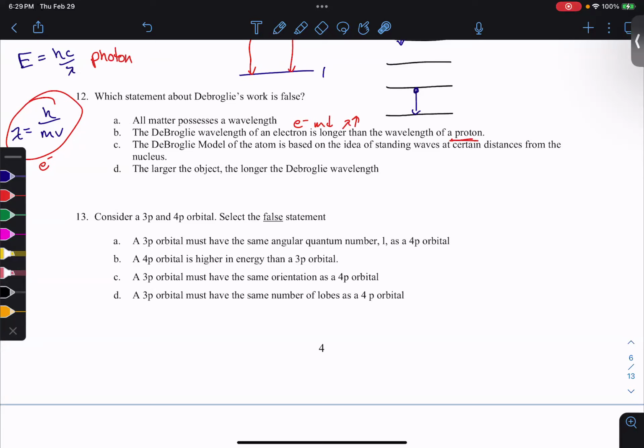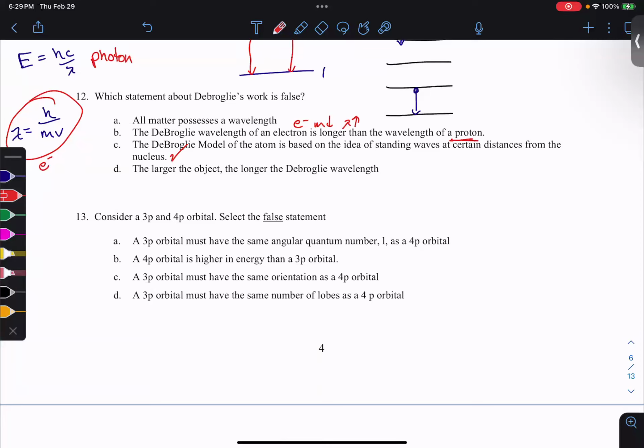Yes, it's true. Okay, the de Broglie model of the atom is based on the idea of standing waves. That is true also. De Broglie talked about waves. So instead of the electron just orbiting, like a planet in our solar system, he said that electron, instead of orbiting spherically, has a wavelength that encompasses each of those orbits around our nucleus.